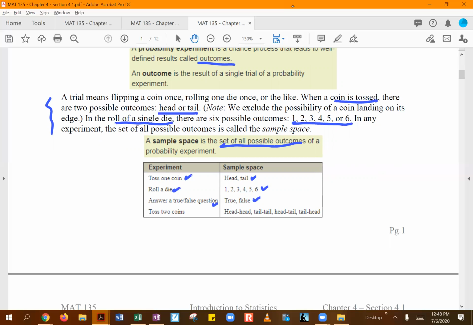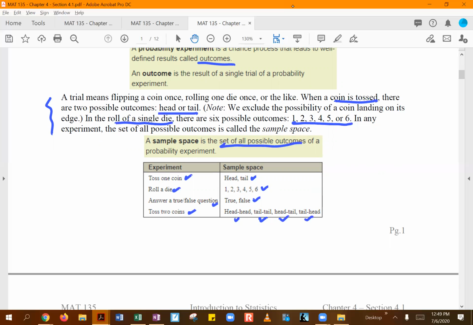And the last one here is looking at, okay, what if we are tossing 2 coins? So that means, of course, each coin could still land on a head or a tail, but looking at them together as an outcome, both the coins could land on a head, they could both land on a tail, or the first one could be a head and the second one a tail, or the second one could be a head and the first one a tail.